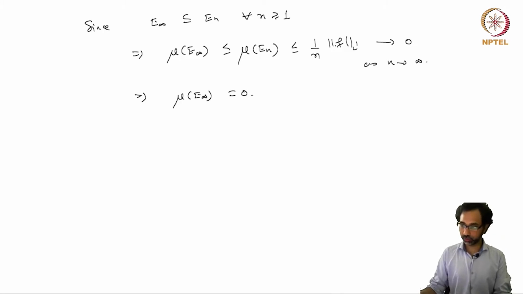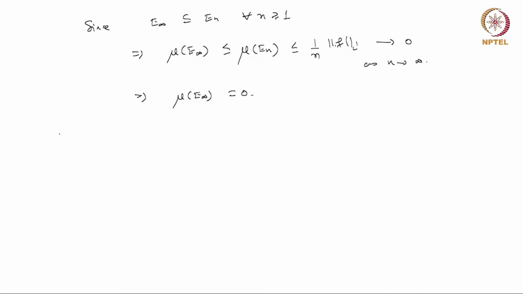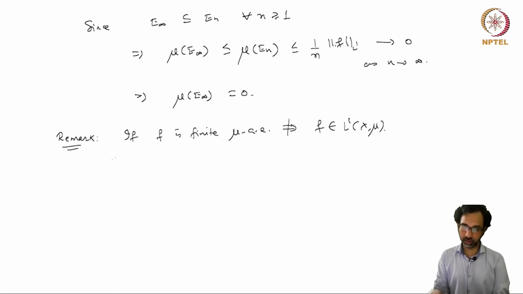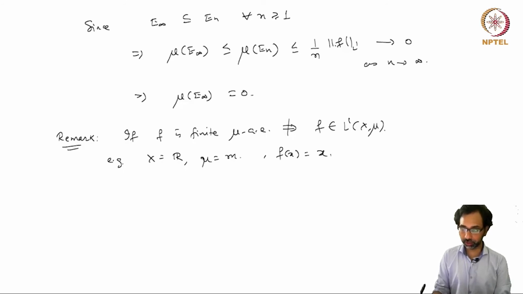So we have proved these two properties in the corollary. As a remark, I note that if f is finite mu almost everywhere, then this does not imply that f belongs to L1(X, mu) in general. For an example, you can take X to be R and mu to be the Lebesgue measure on R, and f to be the identity function which gives you x.